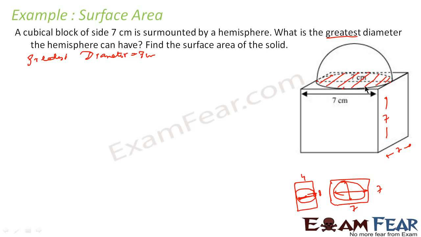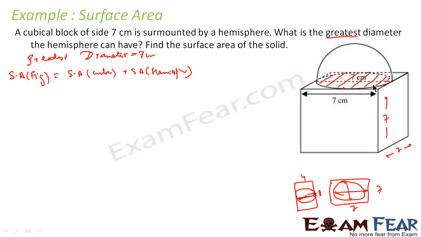If you say the surface area of the figure is equal to the surface area of the cube plus the surface area of the hemisphere, the surface area of the hemisphere is this curved part. The surface area of the cube is the whole one.